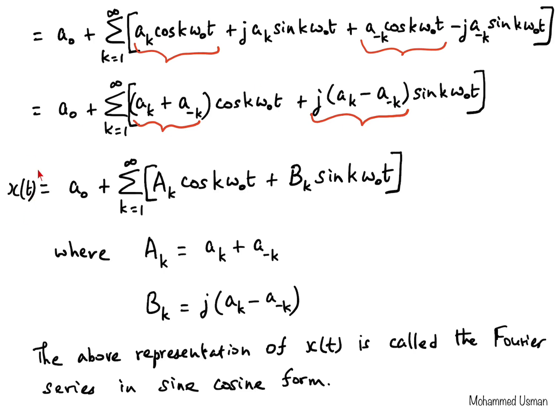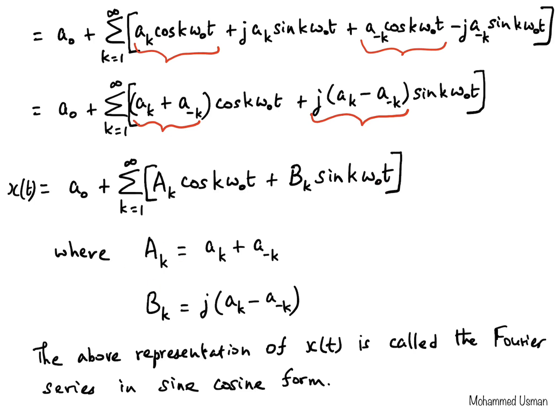So basically, now we have our signal x of t as a0 plus the summation. We take small ak plus small a subscript minus k and call it capital A sub k. So that's capital Ak cosine k omega naught t plus capital Bk sine k omega naught t.